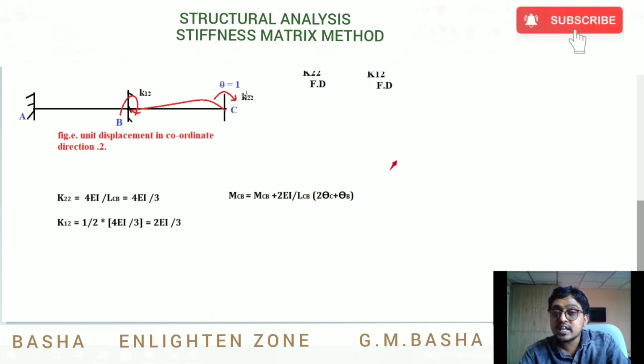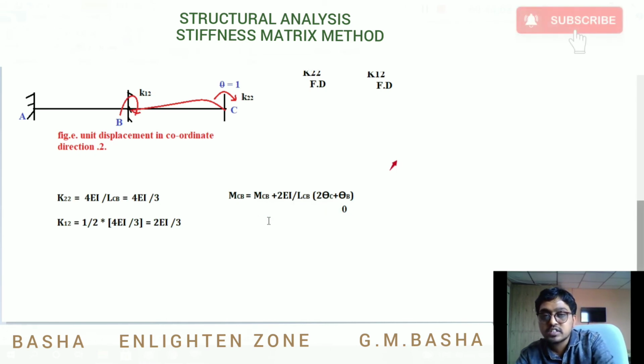And what is the theta C value? That is taken as 1 unit. So theta C is 1, and substituting, 2EI by L into 2 will be equal to 4EI by L. Again, what about theta B? Here the structure is fixed, therefore theta B will be equal to 0, and the sum of the fixed moments also will be equal to 0.